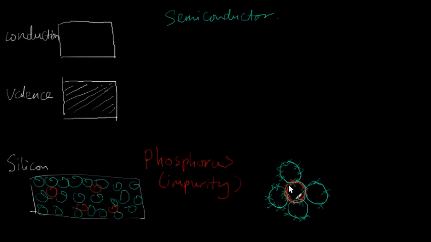That means that after sharing 4 electrons with the 4 neighboring silicon atoms, it's got 1 extra electron that is not shared, and this extra electron is able to move around freely, and that, in a very simple sense, is how phosphorus can contribute electrons to this silicon solid. Okay, so that's all I'll say about how a phosphorus atom contributes an electron.